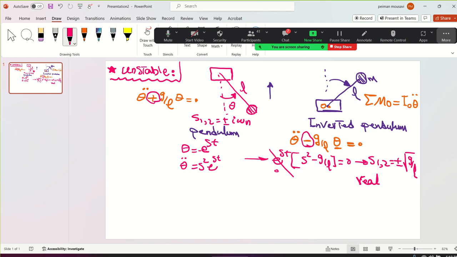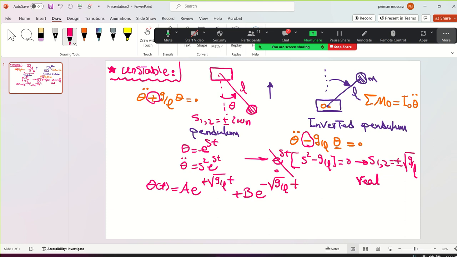If you put it in the general solution, theta of t is going to be a e^(+sqrt(g/L) t) plus b e^(-sqrt(g/L) t).